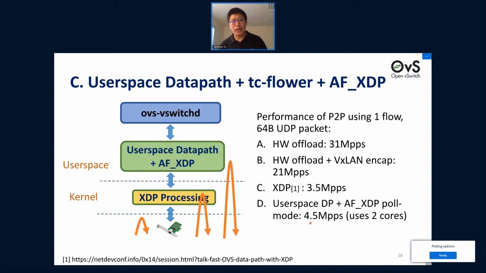For cases A and B, there are no host CPU cycles being used because it's all done in the hardware. For case C, it's using one CPU at 100%. But for case D, we are using 2 cores, because AF_XDP will use 1 extra CPU core.